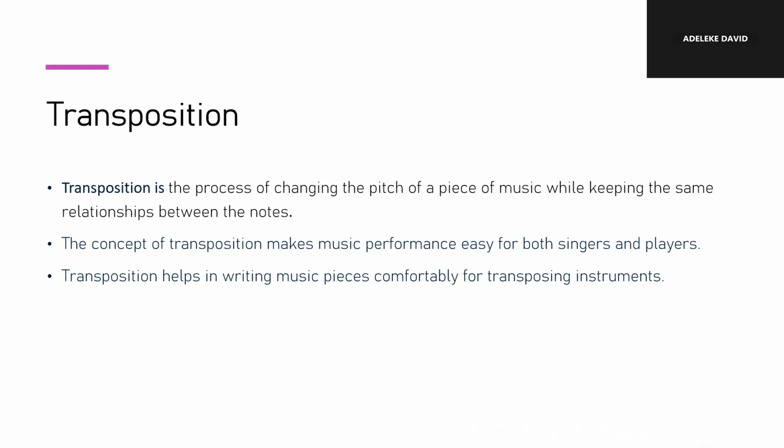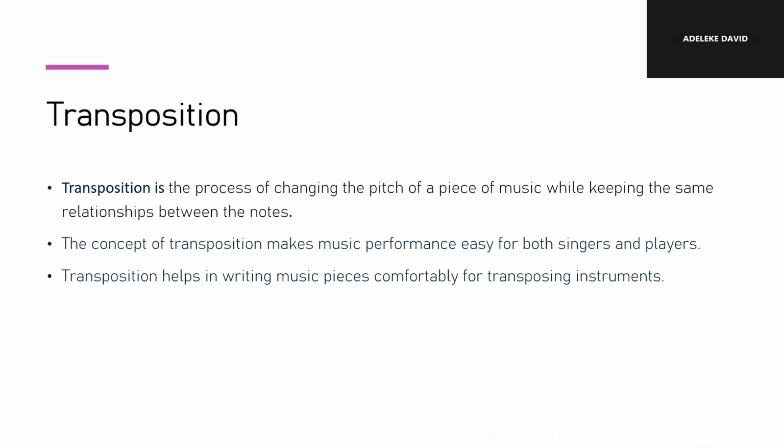But if a trumpet is going to play that same music, because trumpet is a transposing instrument, it will not play on F major. It will play on a different key that matches the concert key of that music.